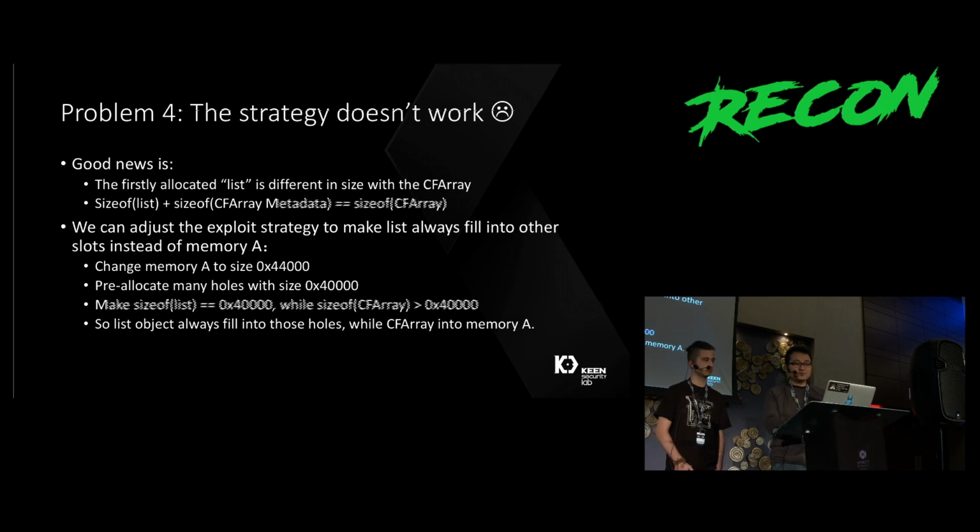We can change memory A to another, bigger size, which is 0x44000. And in the meanwhile, we can pre-allocate many holes with size 0x40000. So we can make sure that the list object is always filled into those 0x40000 holes, while the CFArray will be successfully filled into memory A.